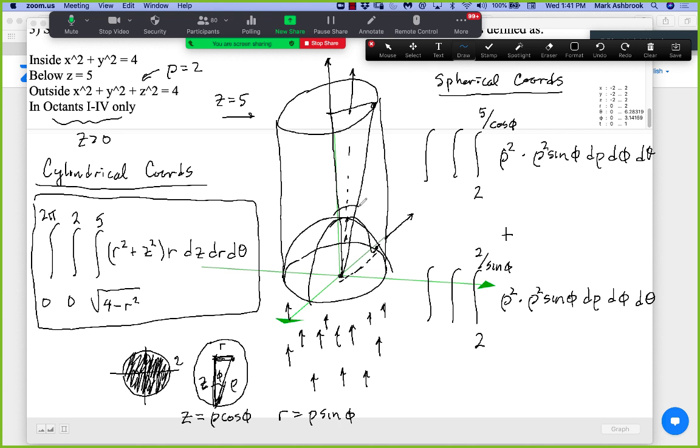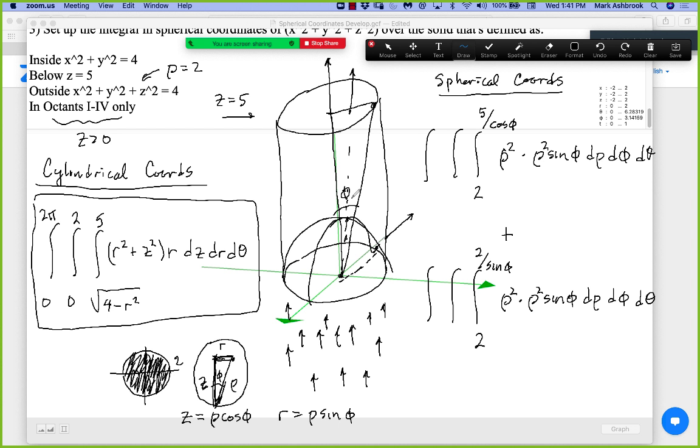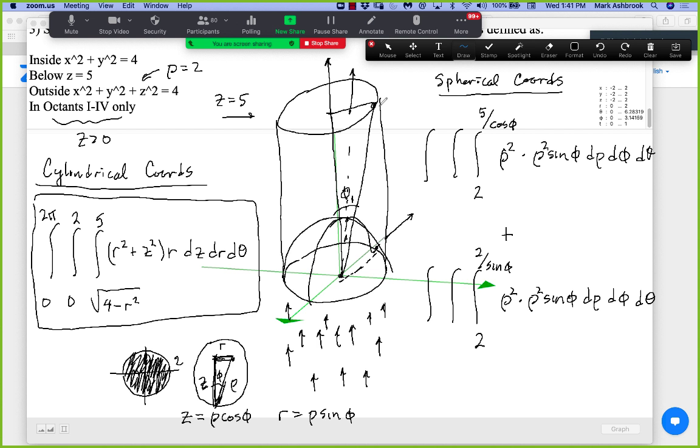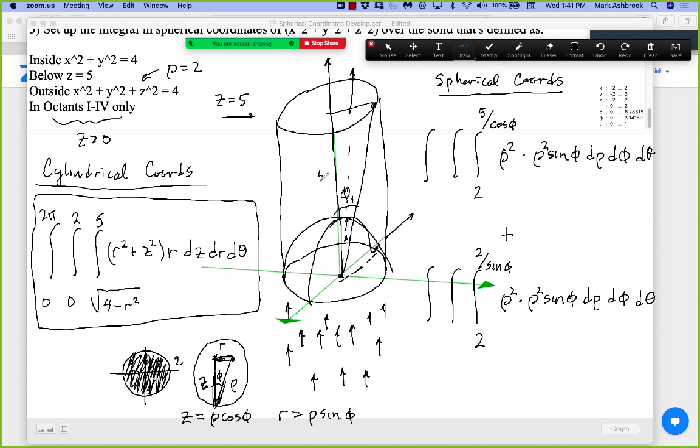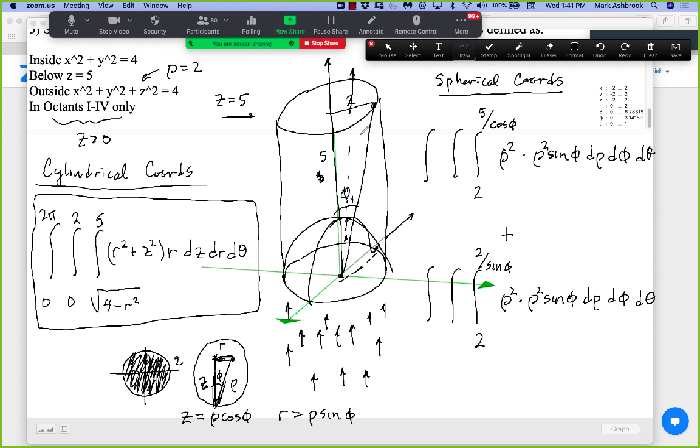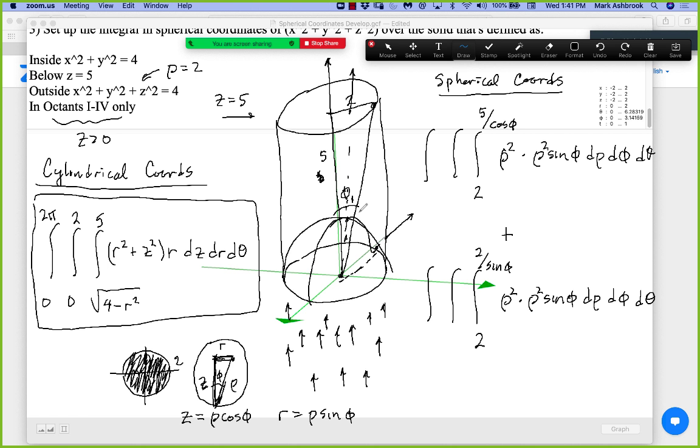This angle of phi, call it phi 1, is that angle of phi where we're done with this plane and we start with the cylinder. What is the height? The height is 5. The radius is 2. So my opposite side is 2, the r. My adjacent side is 5, so what angle is phi 1?